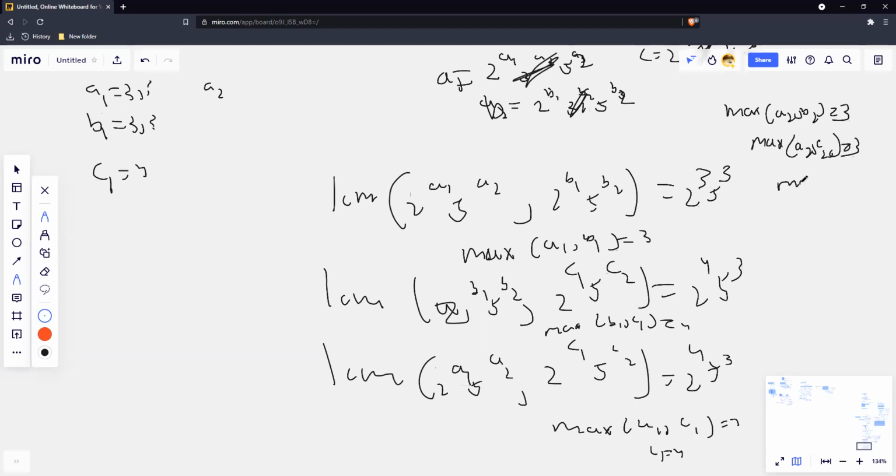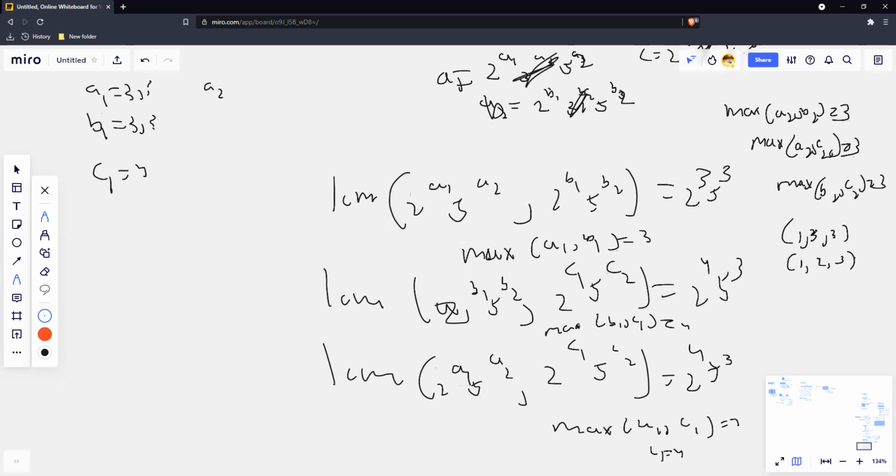And then once again, max of B2 comma C2 will be equal to 3. Well, you know that something like 1 comma 3 comma 3 works. Then how about what if both of them are 1s? We have two cases, either it's 3 or it's less than 3.